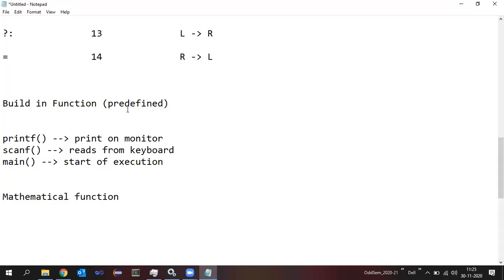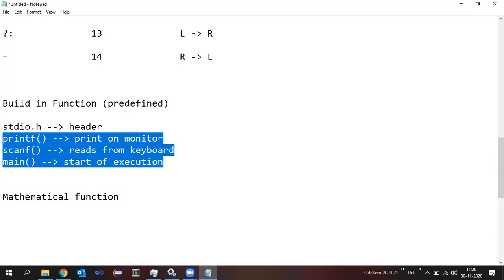What is the first statement you write? Include stdio.h. What is the name of the header file? Standard input output, stdio.h. It is a header file. In this header file these functions are present.